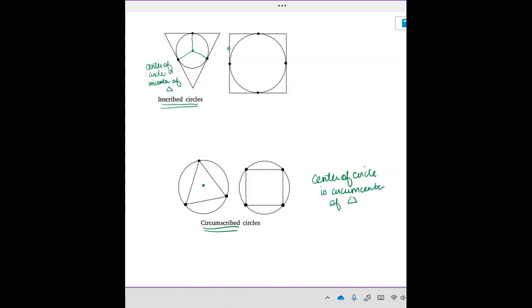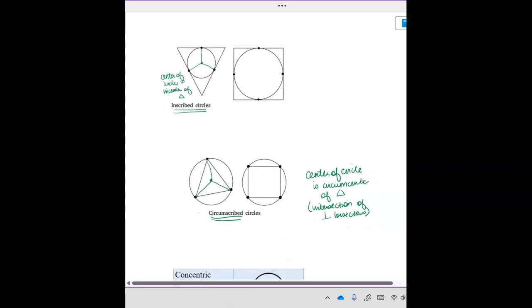And if you remember, that was the intersection of the perpendicular bisectors. If we draw the radii from the center of the circle, we see it's going to hit all of the vertices of the triangle there.